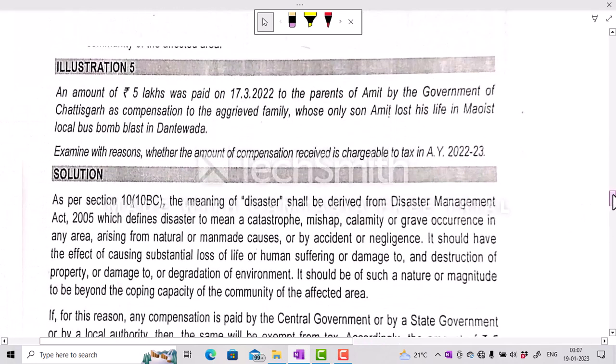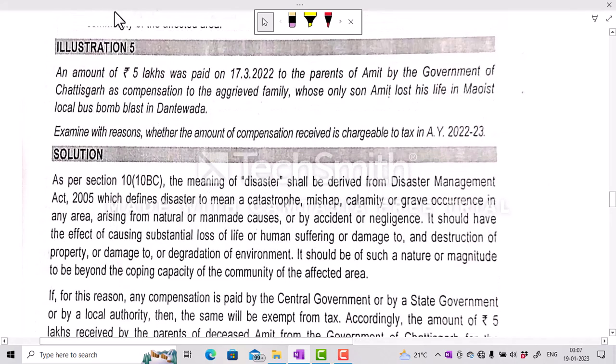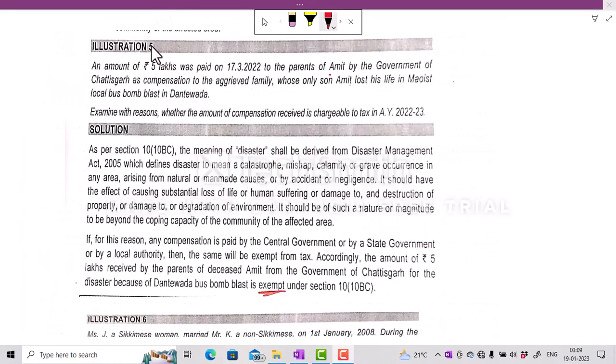The amount of 5 lakhs was paid on 1/7/22 to the parents of Amit by the government of Chhattisgarh as compensation to the aggrieved family whose only son Amit lost his wife in a Maoist local bus bomb blast in Dantewada.